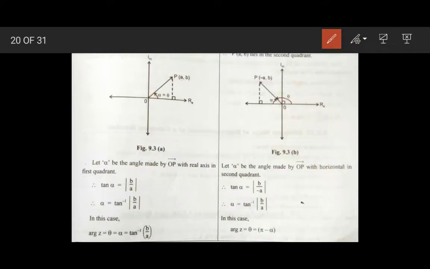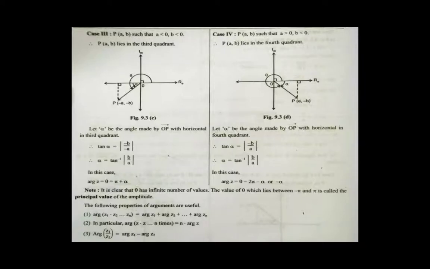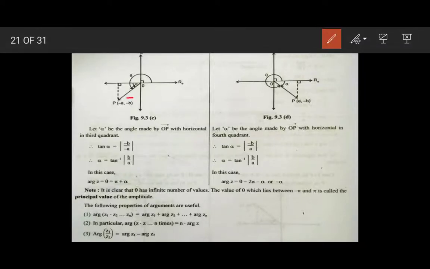Now let's see the third case. When A and B both are negative, then this point will be in the third quadrant. In the third quadrant again, alpha is equal to tan inverse B upon A. Here this much angle is alpha, and theta is this whole angle.